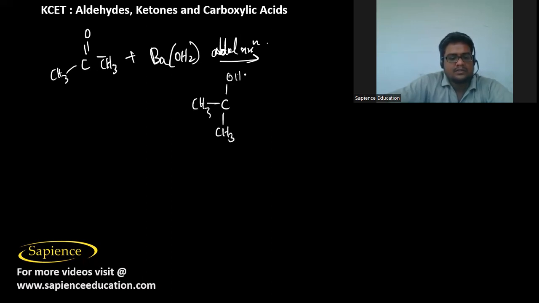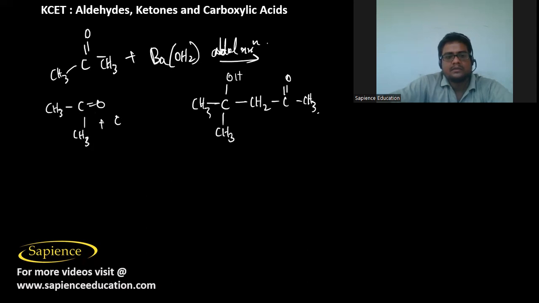CH3OH and then CH2COCH3. Simply here it means that the CH3COCH3 will react with H2CH3O. So here it will form OH from here.